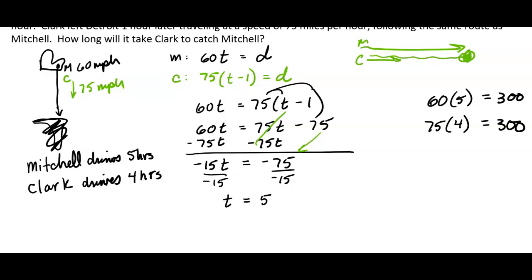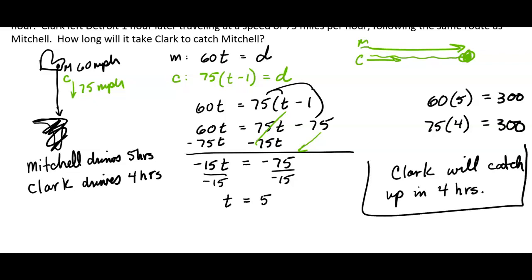The question was, how long will it take Clark to catch Mitchell? 4 hours. Clark will catch up in 4 hours. It's going to take him 4 hours to catch Mitchell. All right. A little tricky.